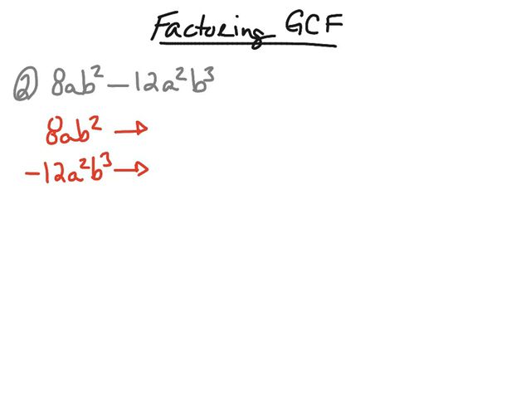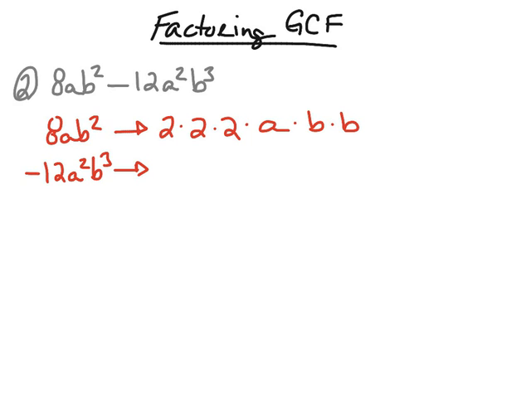So again, 8, the prime factors of 8 are 2 times 2 times 2. I'm also going to need an a, and since I have a b squared, that would be b times b. So if I were to multiply 2 times 2 times 2 times a times b, I end up with an 8ab squared.